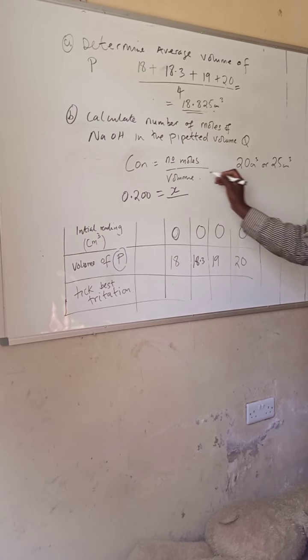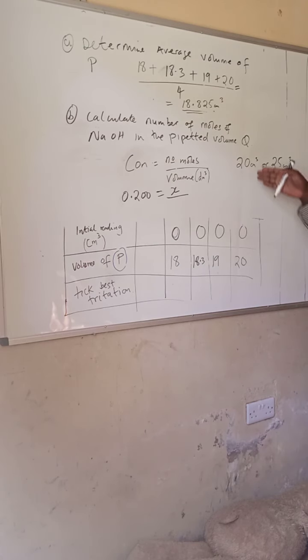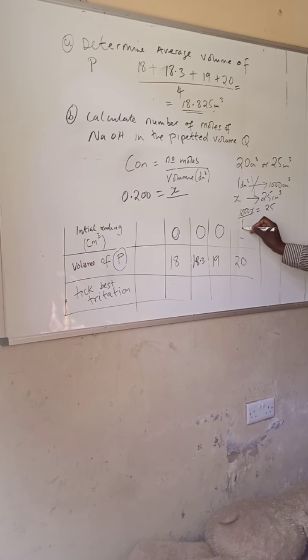I said this volume is always in brackets, decimeters. So you have to convert either 20 or 25. I'll use 25. 1 decimeter cubed is equivalent to 1000 cubic centimeters. How many decimeter cubed are equal to 25? You cross multiply: 1000x is equal to 25. You divide both sides by 1000.